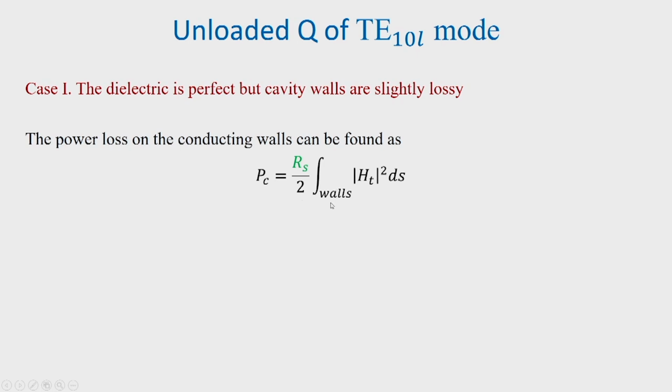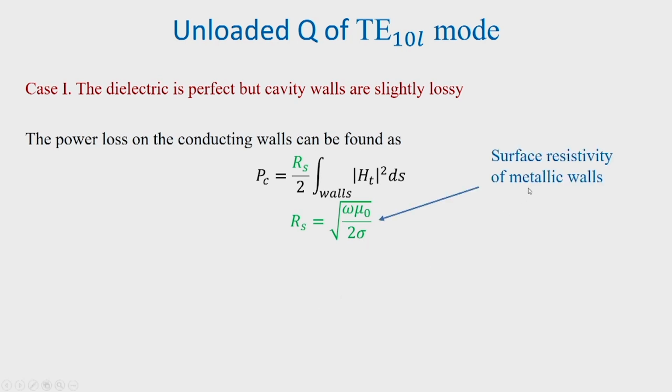We have 6 walls, and at each wall we find the integral of mod of Ht squared ds, and Rs, the sheet resistance for the conductors, is given by the square root of omega mu naught by 2 sigma. It is the surface resistivity of the metallic walls, and we can find the conductor loss.